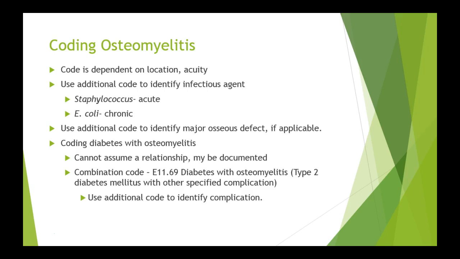If they're not documented, you can't code them, but if you have that documentation, you do add those codes. Also, at that same place, it tells us to use an additional code to identify any major osseous defects, if applicable. Osseo is going to be the bone, the hard material, maybe some capsules, some joints, things like that. So if that's documented, you would also add a code for that.